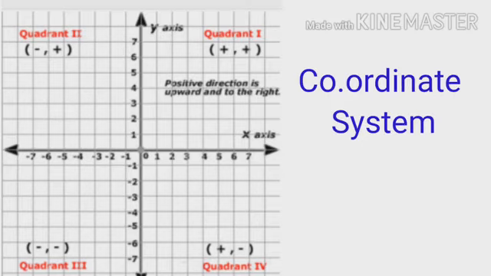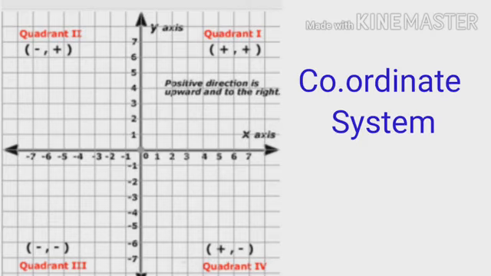Okay. And due to the intersection of x and y-axis, our coordinate system is divided in 4 quadrants: first quadrant, second quadrant, third quadrant, fourth quadrant. In first quadrant, both the coordinates, that means x and y coordinates, are positive. So the coordinates of a point that lies in first quadrant are plus plus, while the coordinates of a point that lies in second quadrant are minus plus, as here x coordinate is negative and y coordinate is positive.